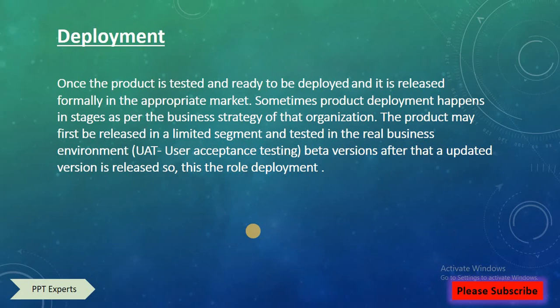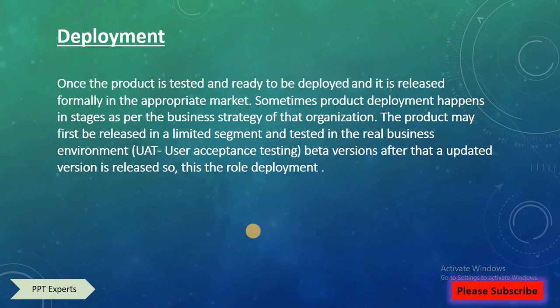The product may be first released in a limited segment and tested in the real business environment. User acceptance testing, all these things are done in phases. So beta versions, after that an updated version is released. So this is the role of deployment.